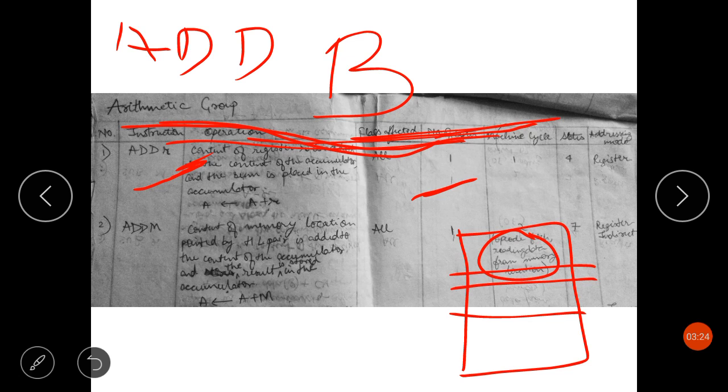Now at the time of execution of this instruction, the microprocessor will use one machine cycle for fetching the opcode, one machine cycle for opcode fetch.